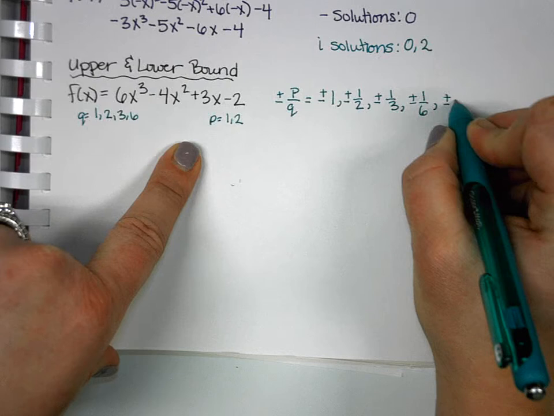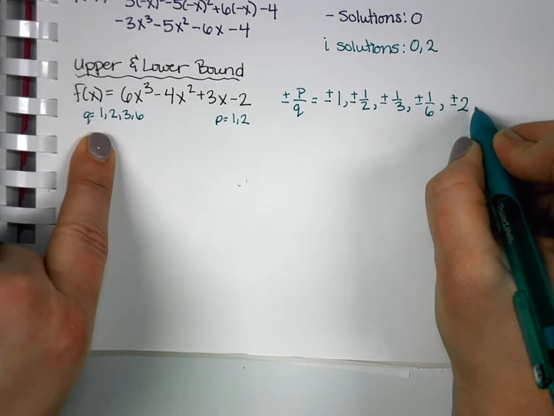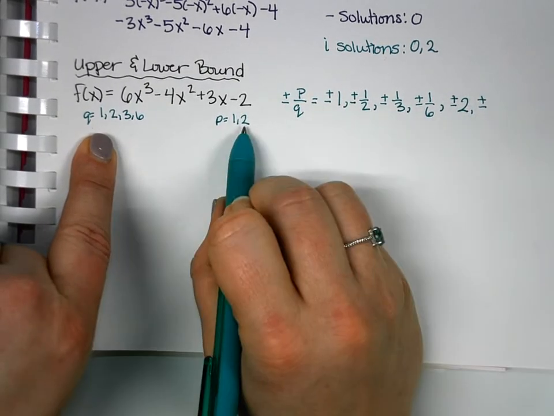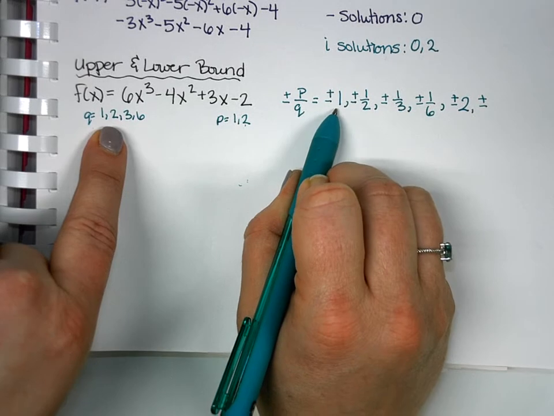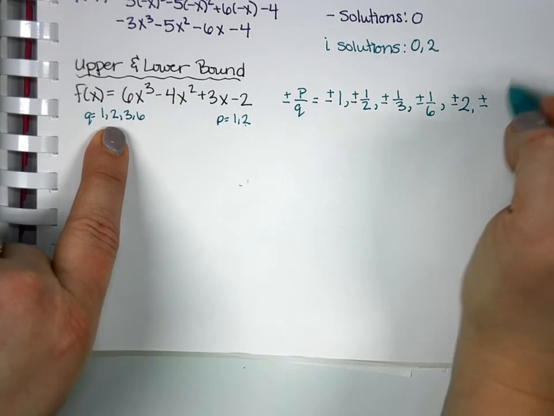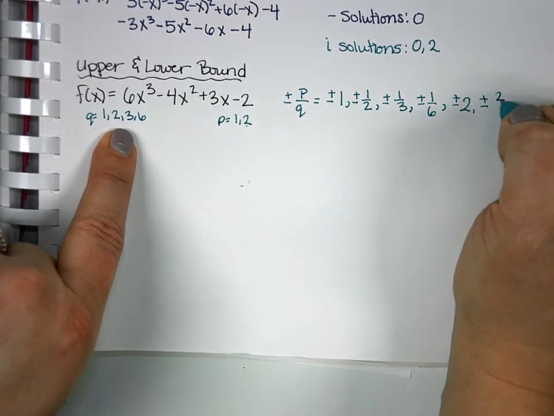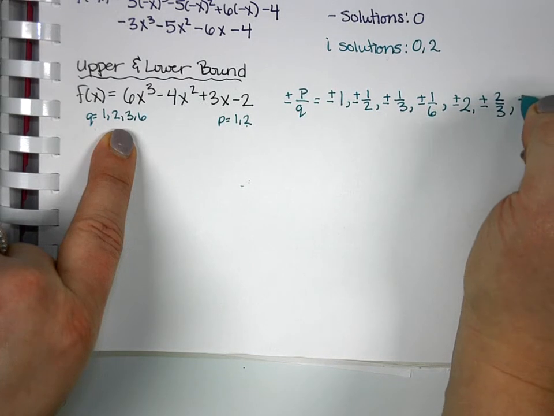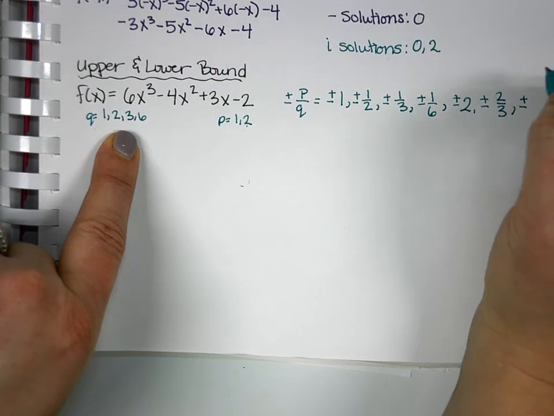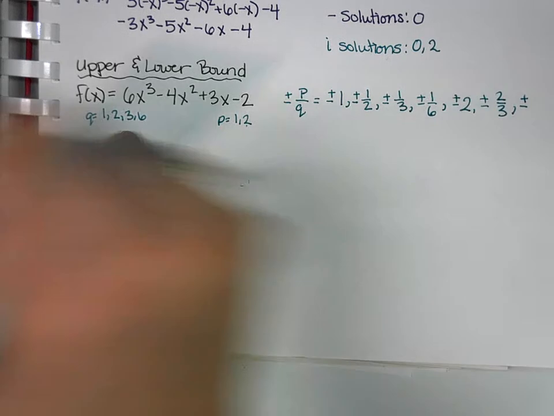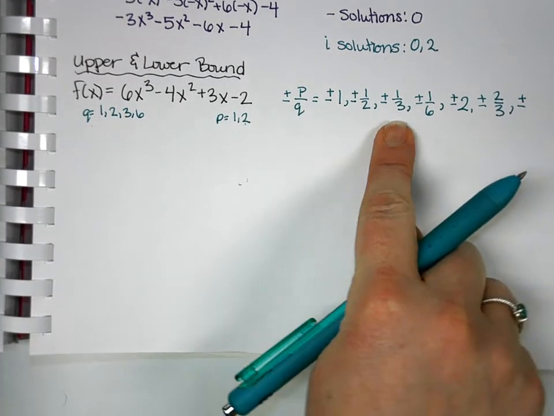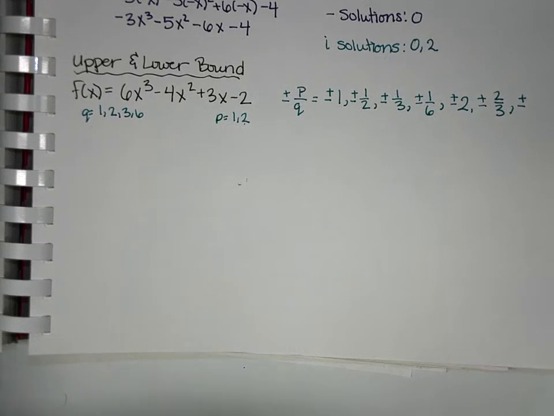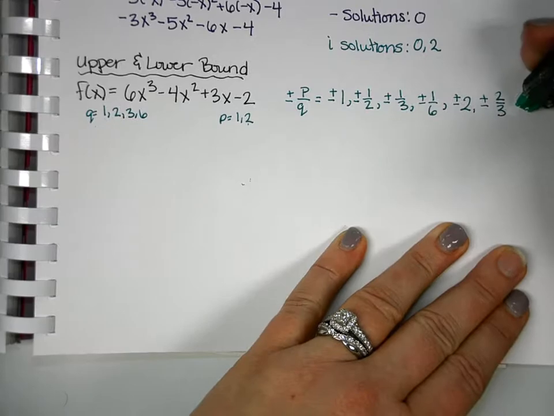Plus or minus 2 over 1, plus or minus 2 over 2, well I already have 1 so I don't need to write that again, plus or minus 2 over 3, plus or minus 2 over 6, well 2 over 6 is 1/3 and I already have that written down. So we've got all of our potential solutions here.